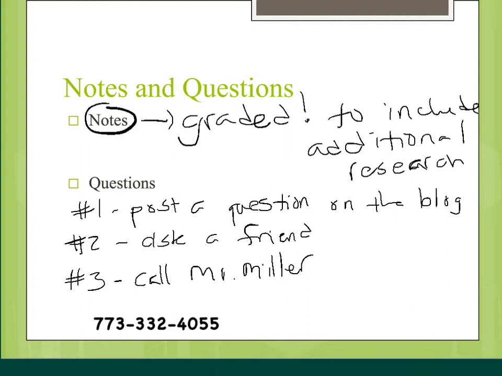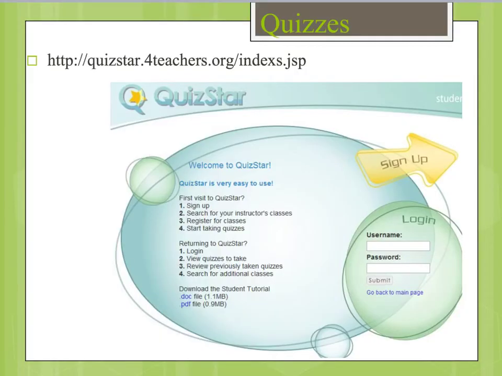Make sure you call it, use it. Anytime you have a question that you just cannot find the answer to, that is the way to go. But those are the 3 things that you should be doing if you have questions about something on the blog, on the lecture.